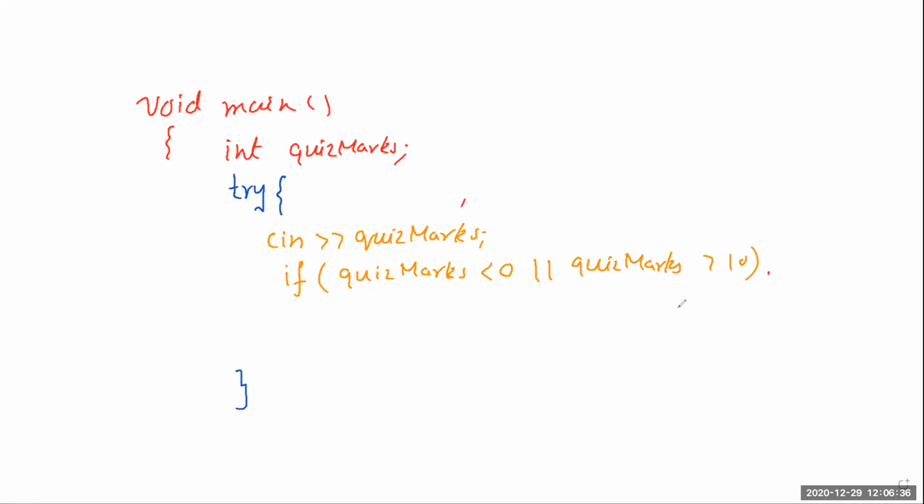So if this if condition is true, I know there is an error. Now it's the time to use the keyword throw. I'll write something here, but for some time, just ignore it. And suppose there is no error, this if condition would be false, right? Or here I am writing simply cout quiz marks.